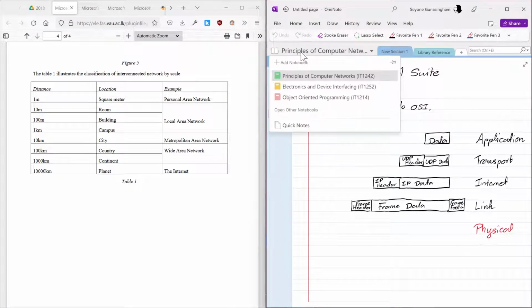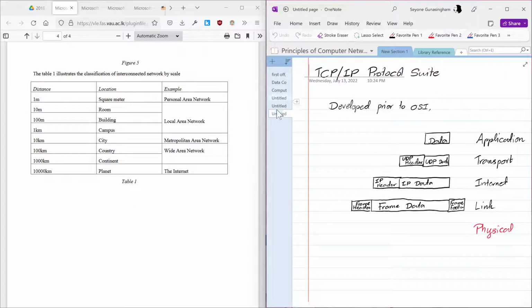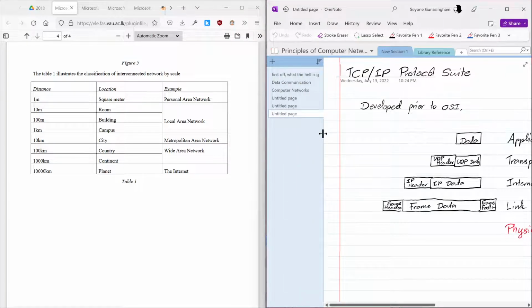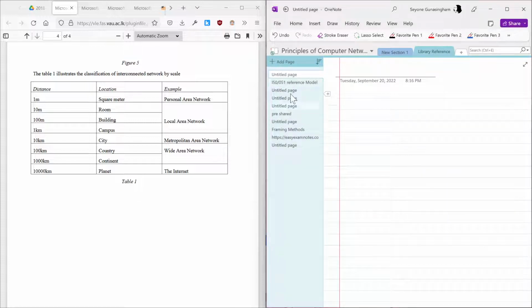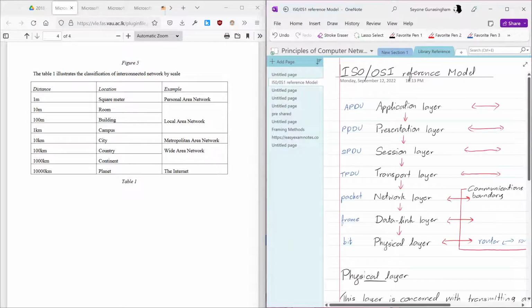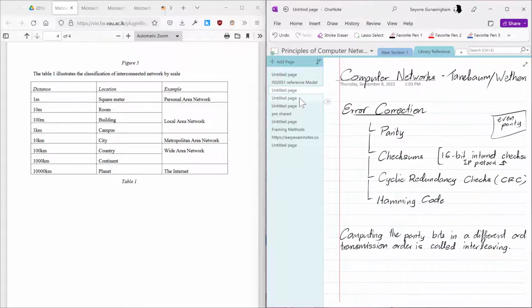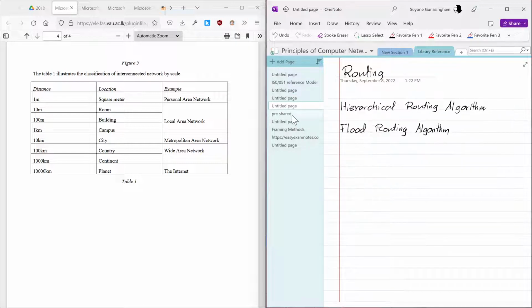TCP/IP, again, not taught, so I ain't gonna touch that. Oh, I should have muted my PC. Can I? Oh, there we go. There's the sections: the ISO reference, computer networks, error correction, multiplexing, error detection.